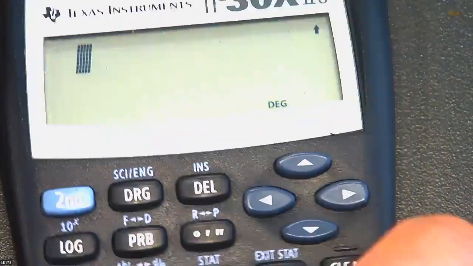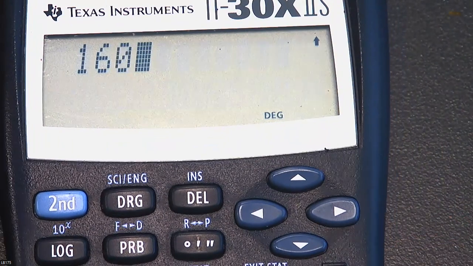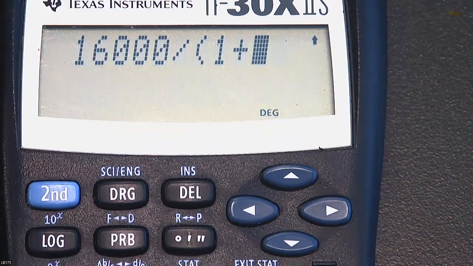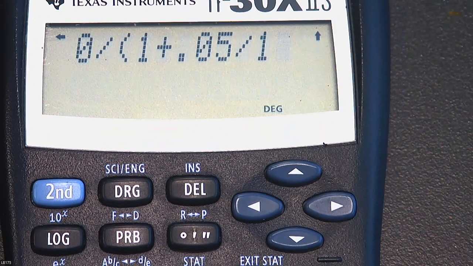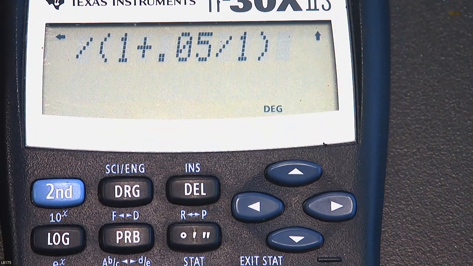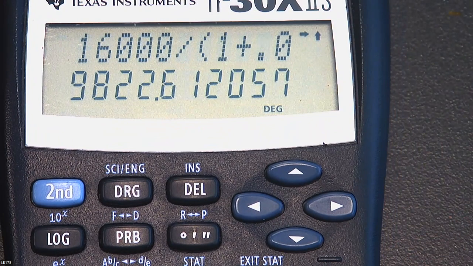With the TI-30, it's the exact same thing. I'm going to take 16,000, and then I'm just going to hit the divide sign, and then in parentheses 1 plus 0.05 over 1, close my parentheses, and then do caret 10. Hit enter.